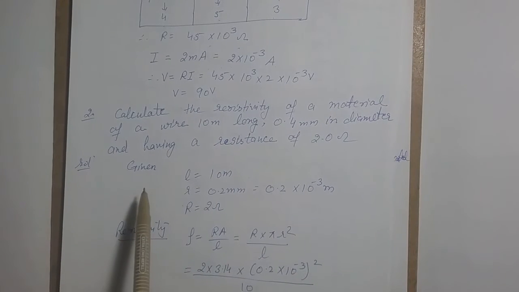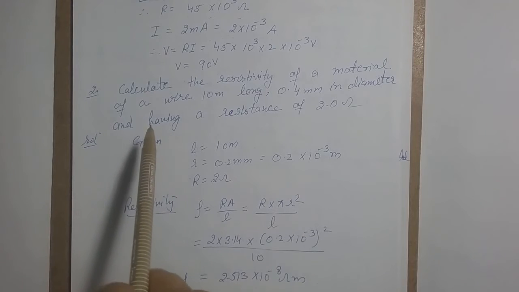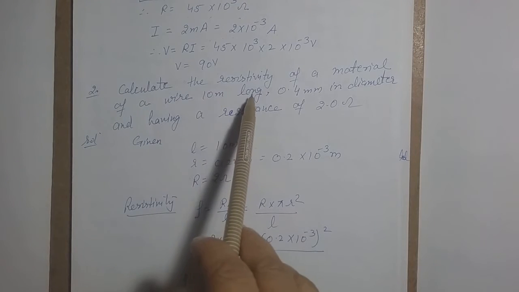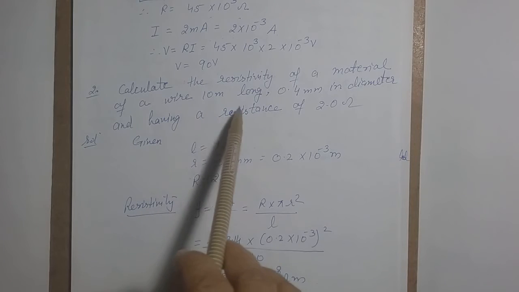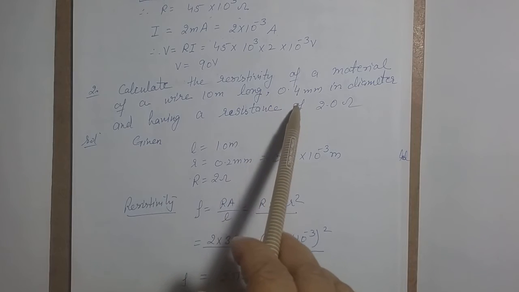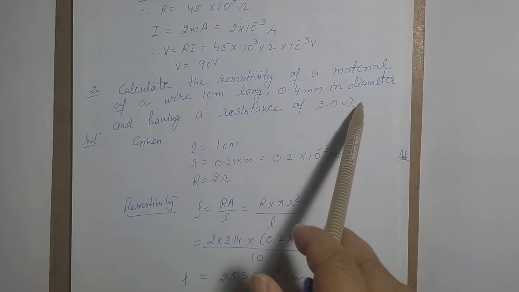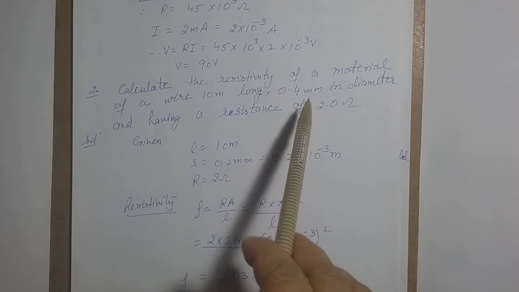Okay. Let us take another numerical problem: calculate the resistivity of the material of a wire 10 meter long. Here the length is 10 meter, and the diameter is 0.4 millimeter.